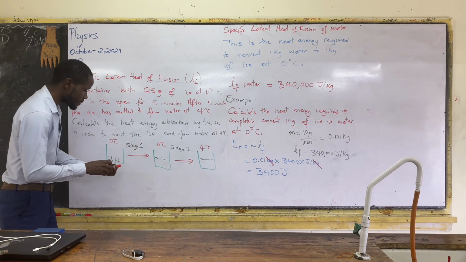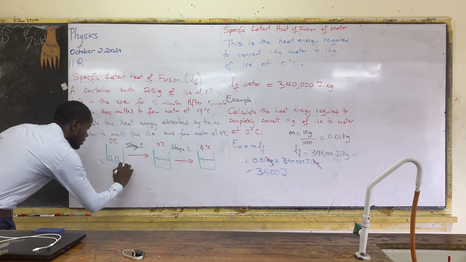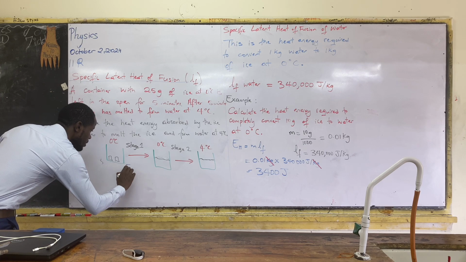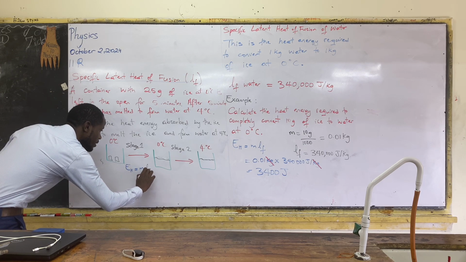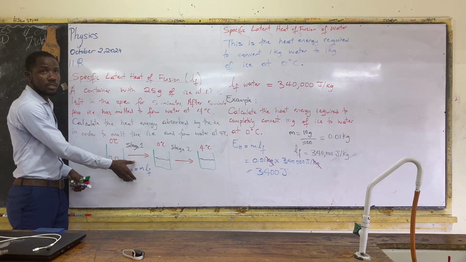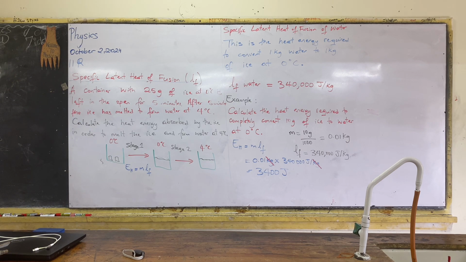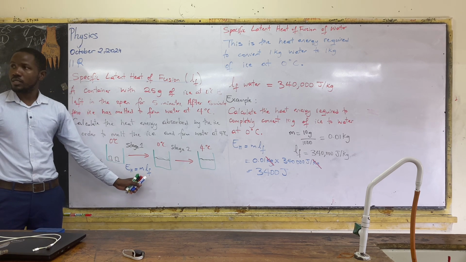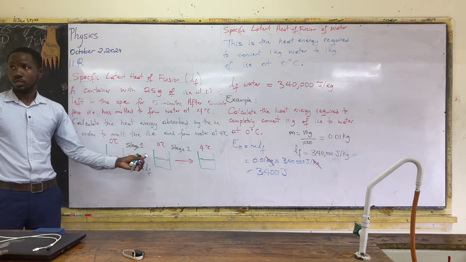So we can write that the energy right here, let's call it EH, is going to be equal to M L_F. So the energy right here is related to the specific latent heat of fusion. And again, we know that it's going to be latent heat because the temperature did not change.